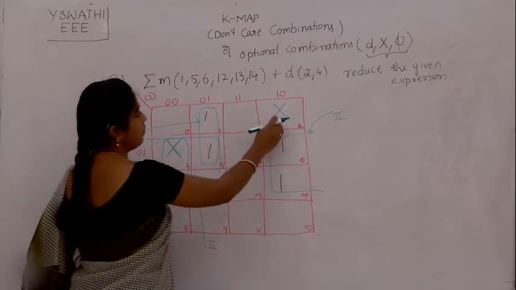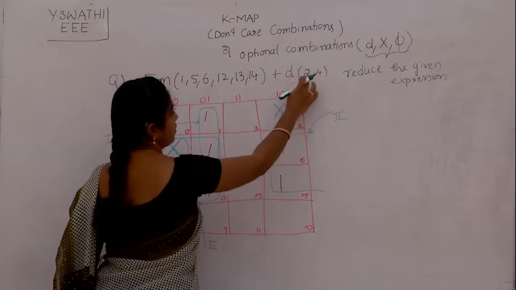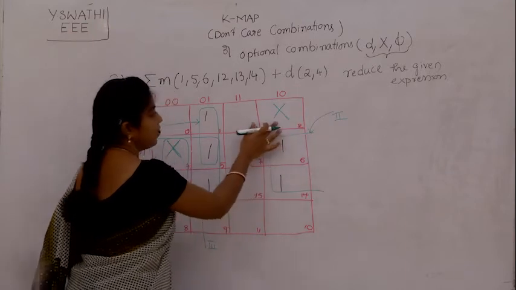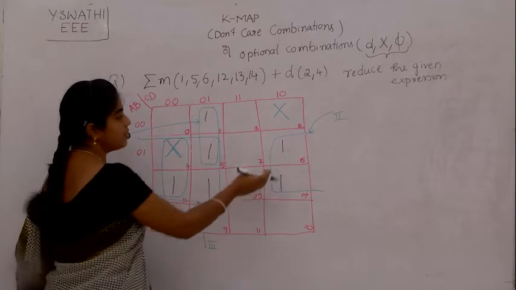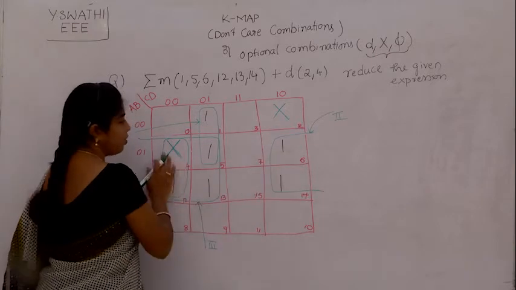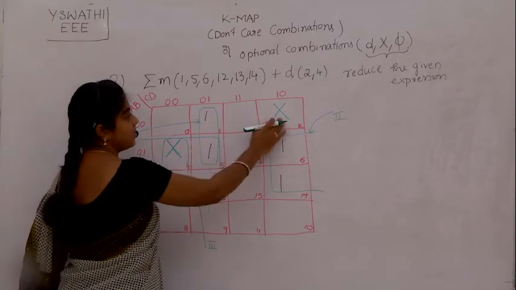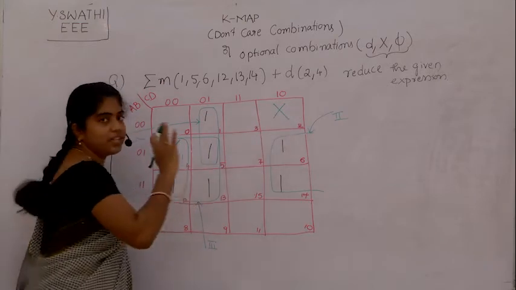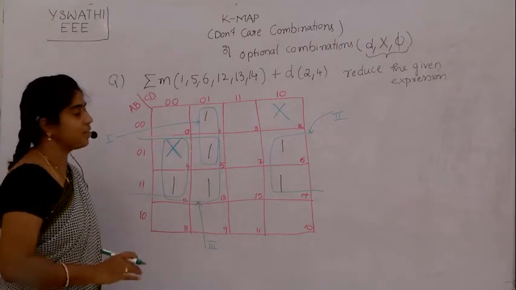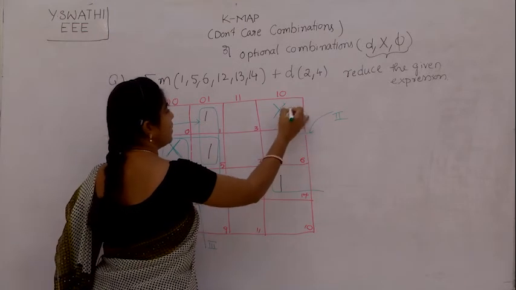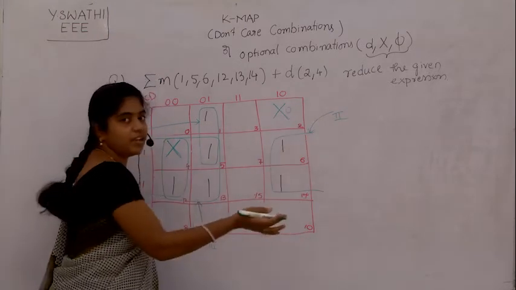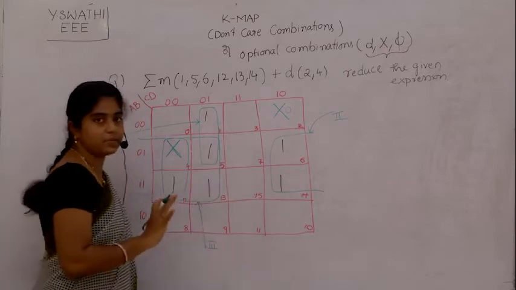And if you see the second cell don't care, if I take it as 1, there is no further reduction, because this one is already forming a group. That's why we are not taking this as 1; we can simply take it as 0 if it is not helping us reduce the expression.